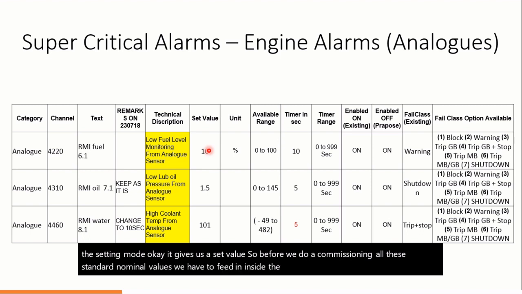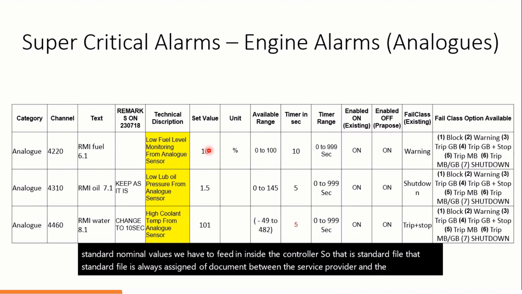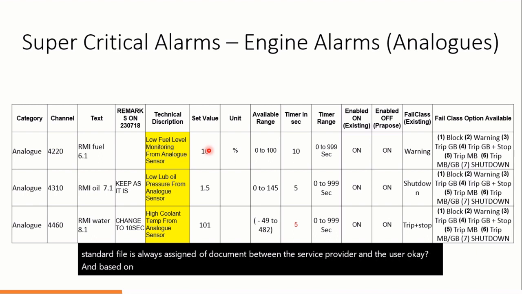So there is a standard file. That standard file is always a signed-off document between the service provider and the user, and based on that they put in these values, configure the file, and upload it into the controller. So the controller is set as per the company's requirement.